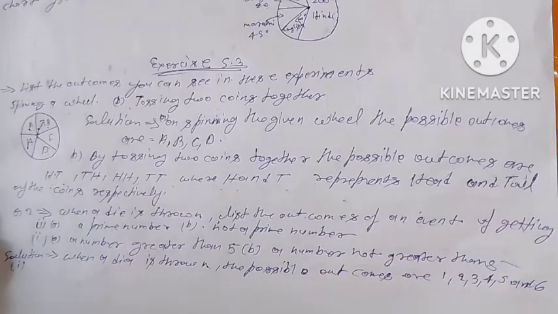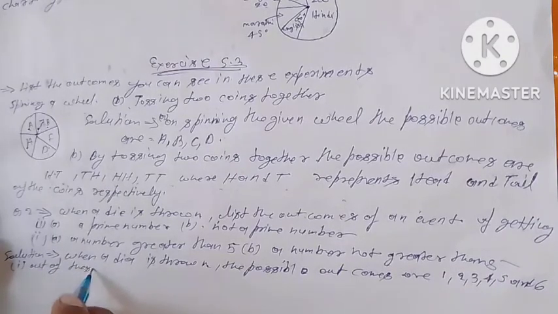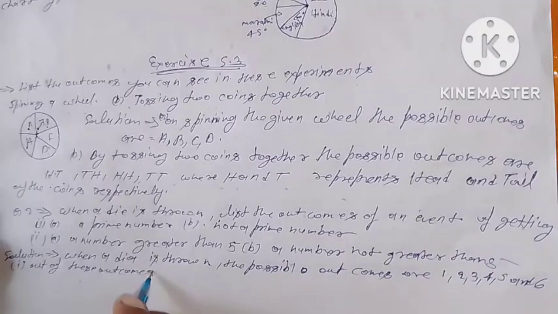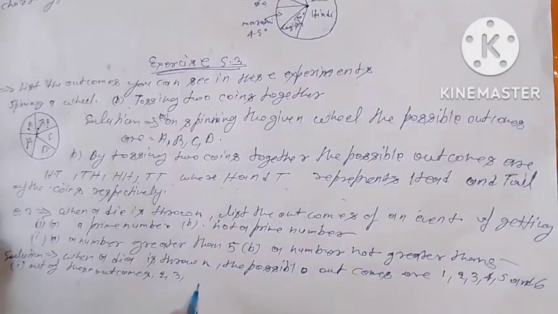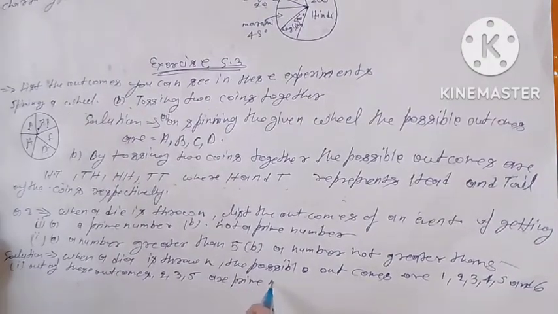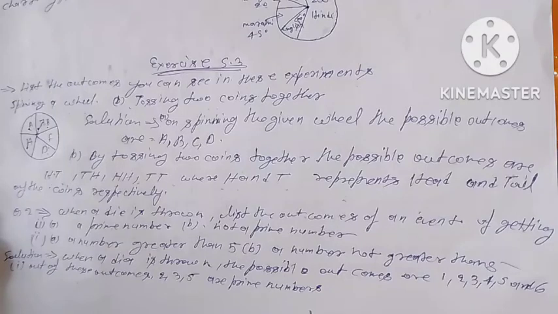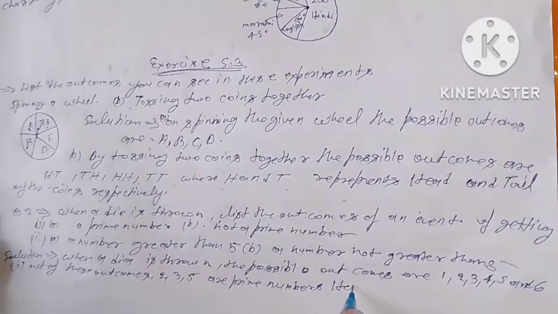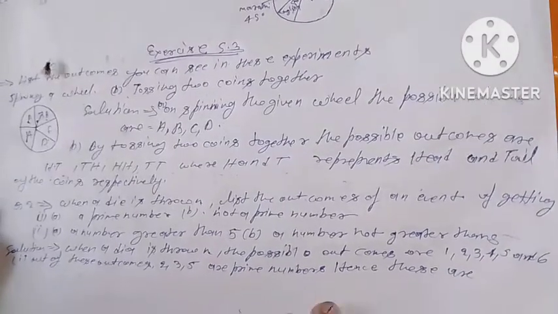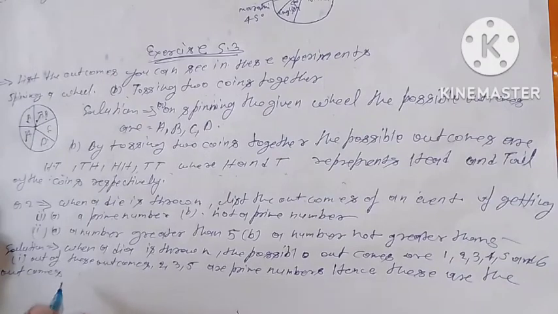Out of these outcomes, 2, 3, and 5 are prime numbers, and hence these are the outcomes of an event.